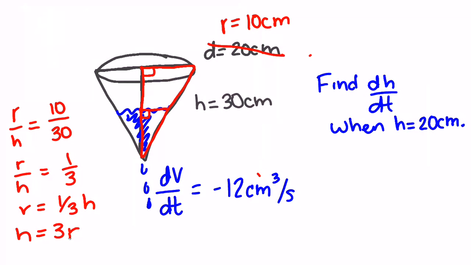There's 2 different equations you can have. Now, what did they ask us to find? They asked us to find dH over dt. If they want us to find dH over dt, then when we get to the part of the formula that has an R and an H in it, we want to get rid of the R's, so all we have left will be H's.